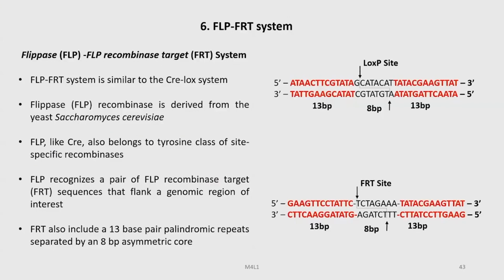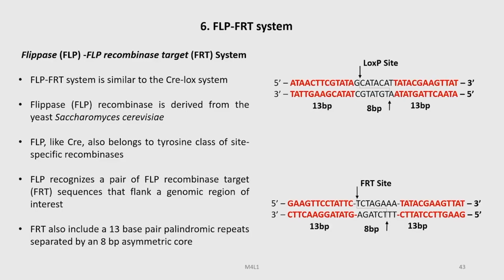Let us now discuss about the FLP-FRT system, the flippase recombinase target system or FRT system. FLP-FRT system is similar to the Cre-Lox system that we just discussed. The flippase recombinase is derived from the yeast Saccharomyces cerevisiae. Flippase, like Cre recombinase, also belongs to the tyrosine class of site-specific recombinases.